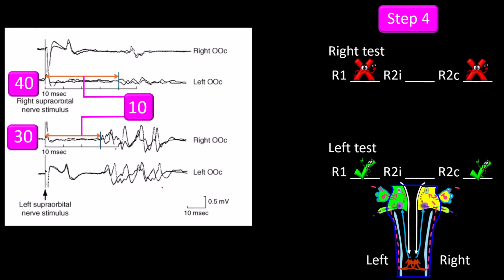We will now see the implication of these results by adding them to the previous diagram constructed based on R1 responses. In this frame, you can see reproduced the pictorial depiction of the tentative conclusions arrived based on the interpretation of R1 responses. I have now highlighted in green those structures proven normal based on the normal left R2 contralateral response.